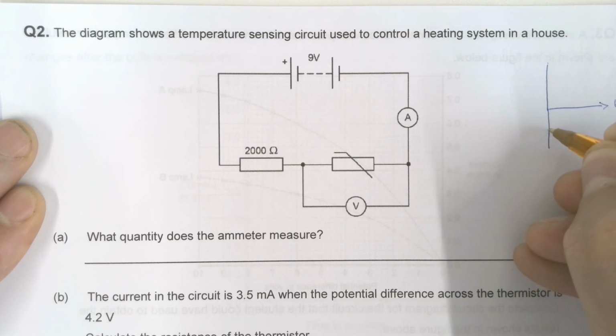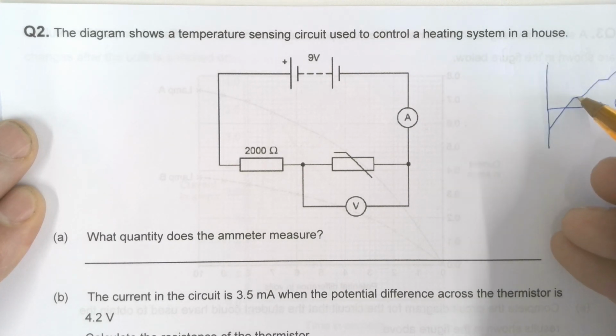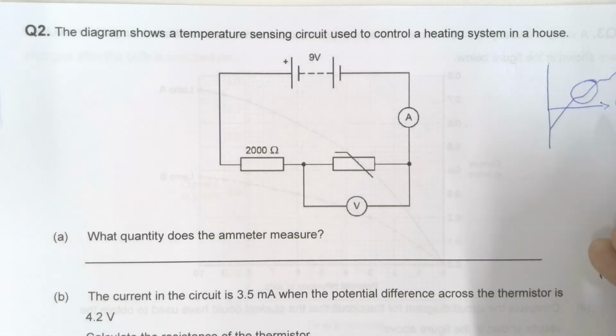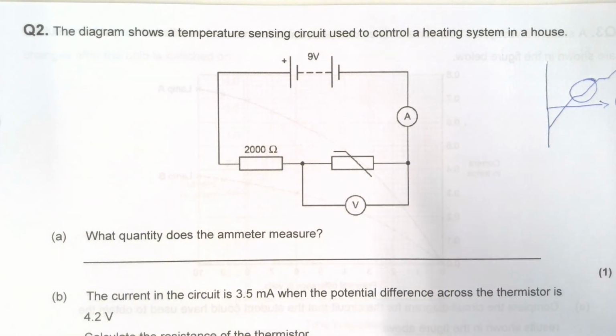Heating curves have flat line plateaus at the melting point and boiling point, and that hockey stick pattern has been taken from that to indicate temperature. We've also got a voltmeter and an ammeter.